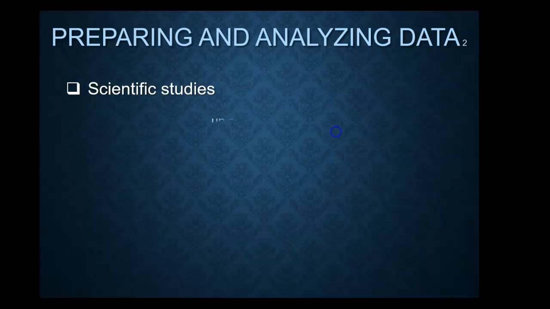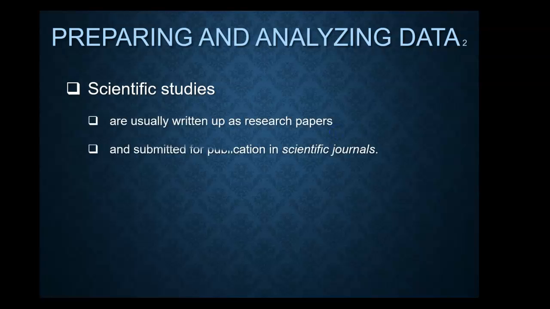So scientific studies are usually written up, we know, as research papers. When I worked for NASA, that was one of the things that we did. Not only did we use others' works in our observations to see what other people were doing, but then we would have to write up the research that we found.